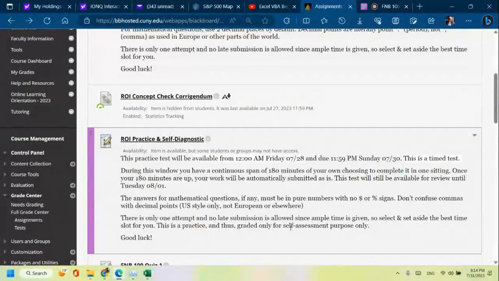I see, because I did the first ROI exam and did well on it. I just didn't do this one yet because I assumed it would be for practice. But now I'm looking at it, and it does look like it's still open. I believe this is already past the date.